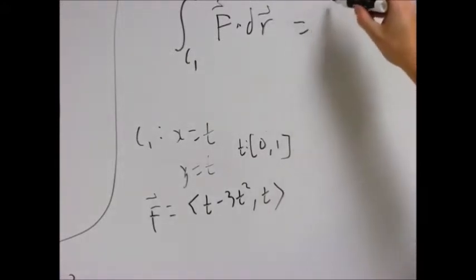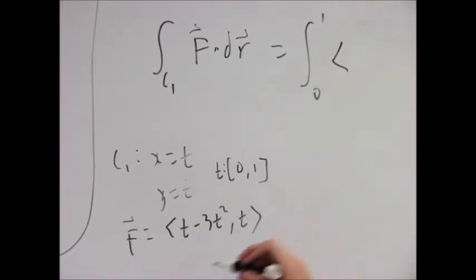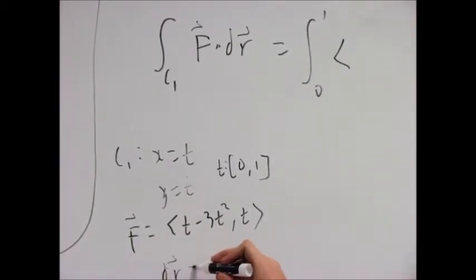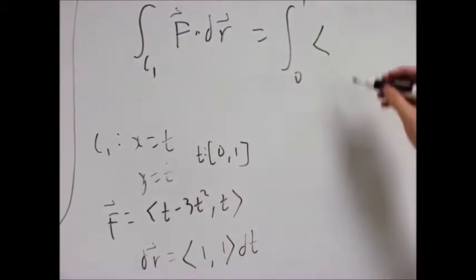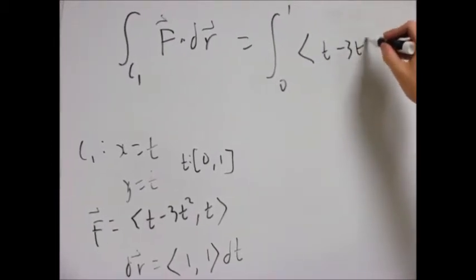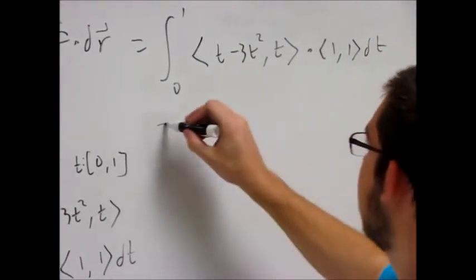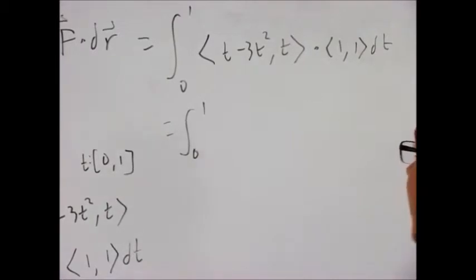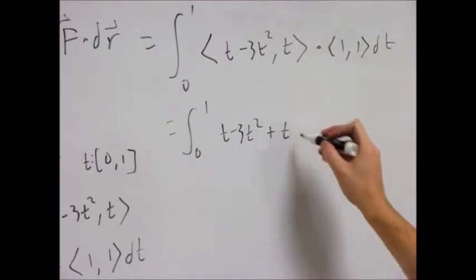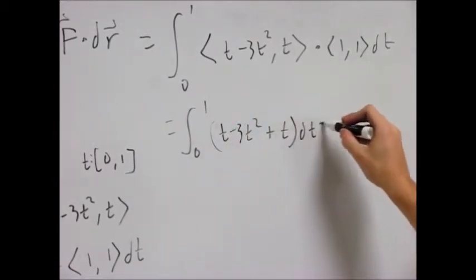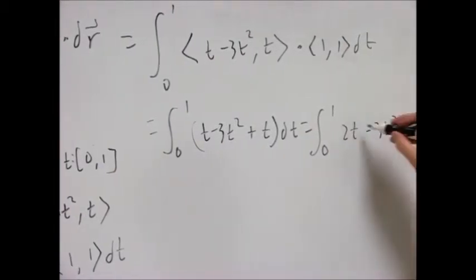So this integral will be 0 to 1 of, I forgot, dr will just be the derivative of this, so it should be 1, 1 dt, t minus 3t squared, t, which is the integral from 0 to 1 of 2t minus 3t squared.